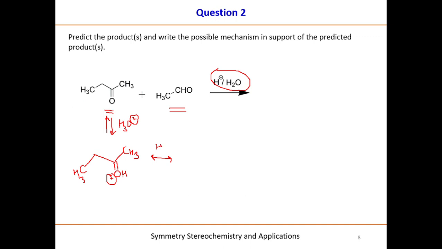We have here H2O, water, which will abstract the proton. Suppose we have this intermediate, CH3, H is here. Sorry, both structures are the same. I am just writing in a different way.